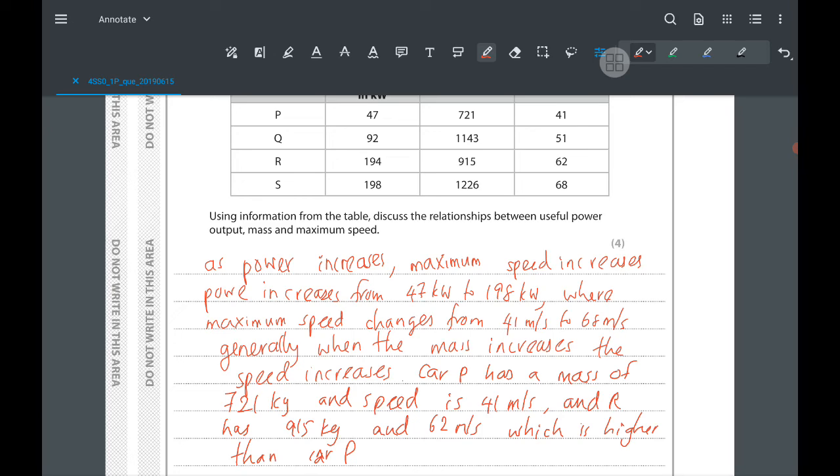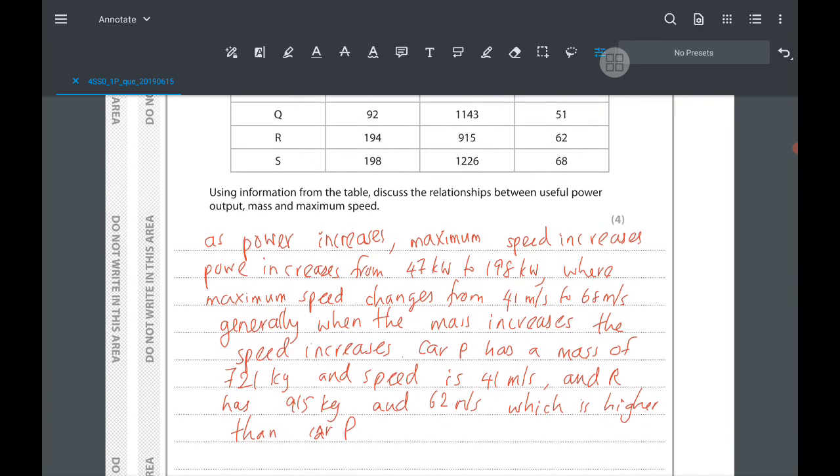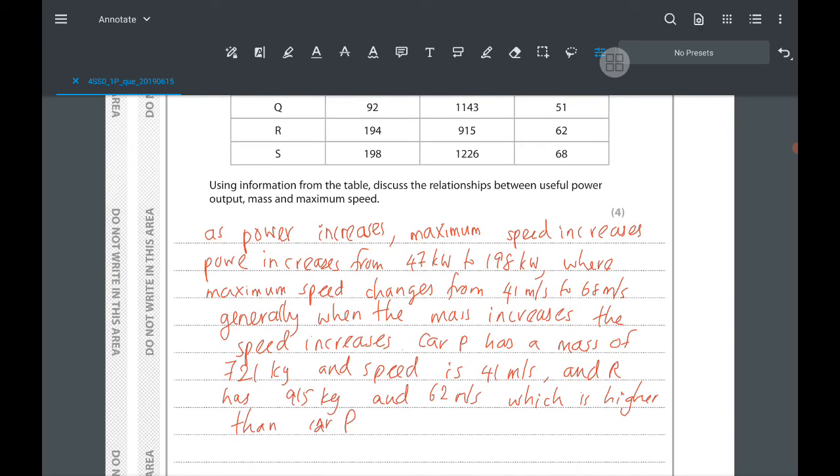Car P has a mass of say 721 kilograms and speed is 41 meters per second. And R has 915 kilograms and 42 meters per second, which is higher than car P.